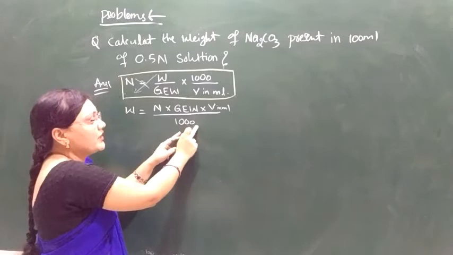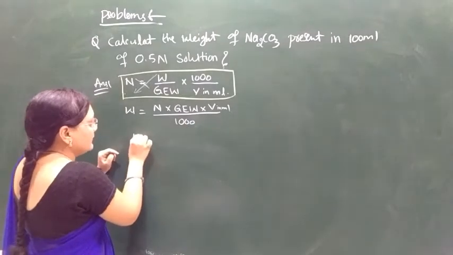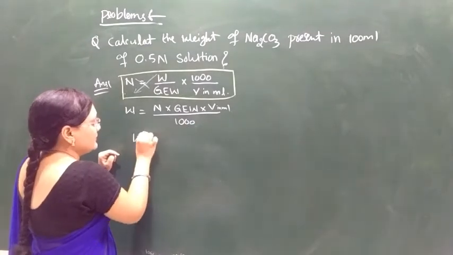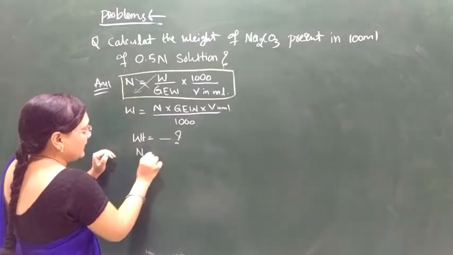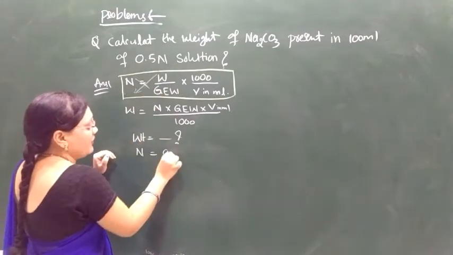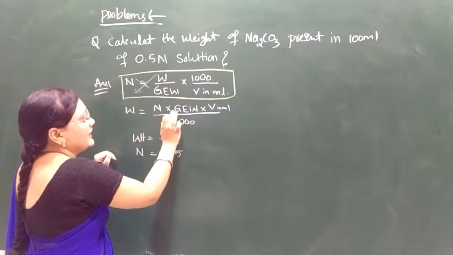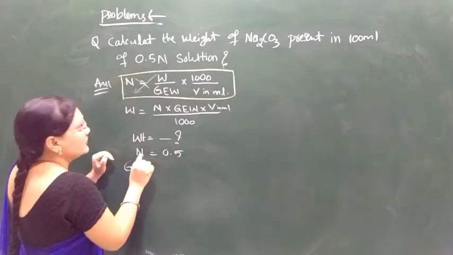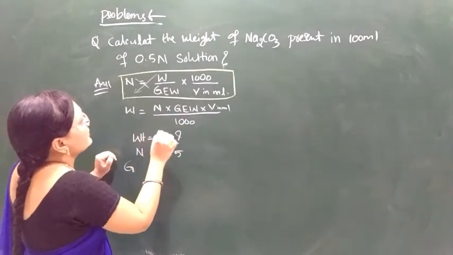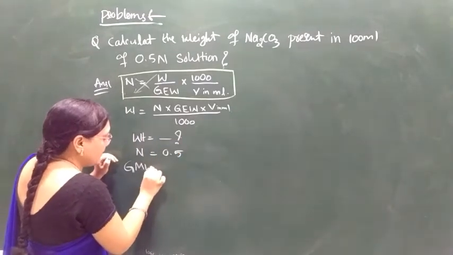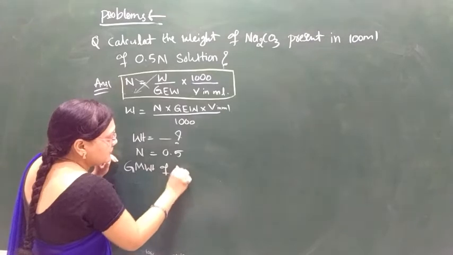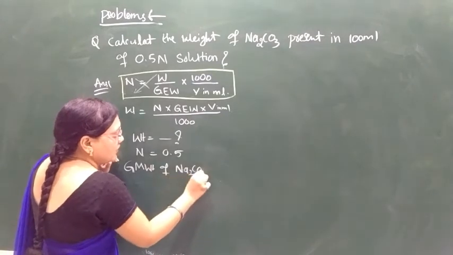This is the formula. First, the weight is unknown, and normality equals 0.5, and next is the gram equivalent weight. First of all, the gram molecular weight of Na2CO3.